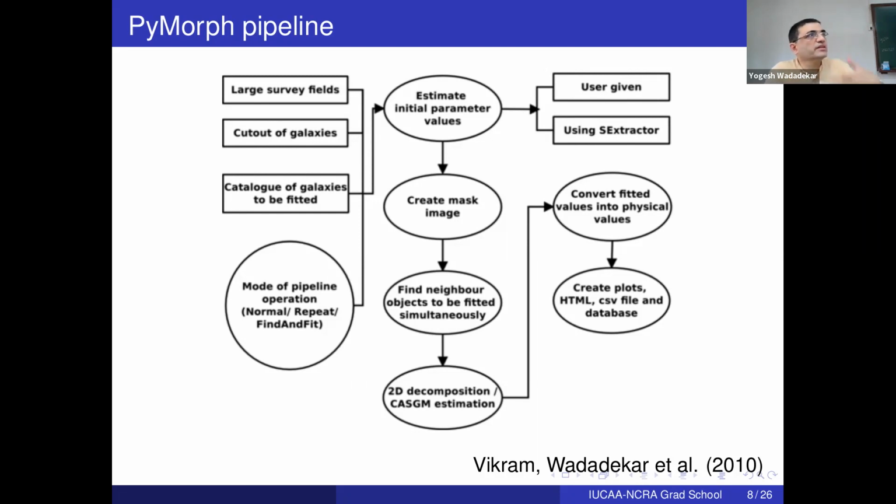One is when you give it a large number of cutouts, which means small postage stamp images of galaxies, or if you give it just one big image and run it in a sort of find and fit mode, wherein you just tell it that, okay, find all the galaxies brighter than a certain magnitude or greater than a certain size in this image and fit it. So it goes and does everything automatically.